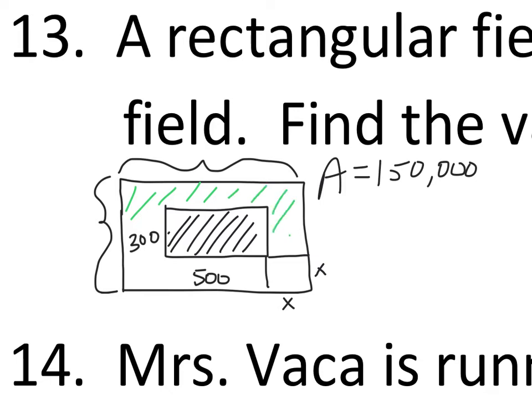So if those areas are the same and the whole area is 150,000, then the area for the inside is going to be 75,000. So let's write that in here. That's important because we have to set this problem up correctly. Otherwise, we're going to get the wrong answer.